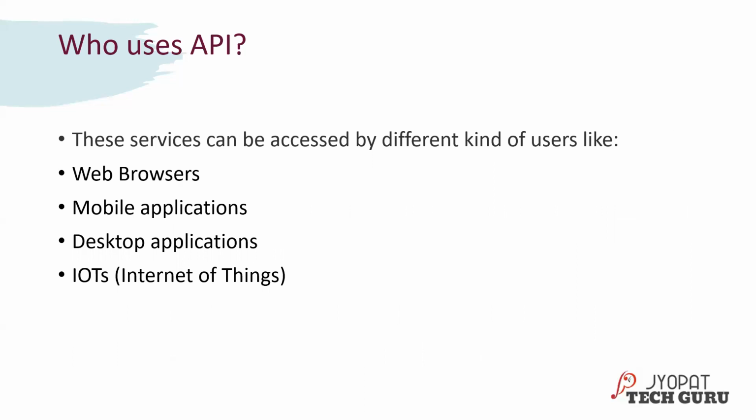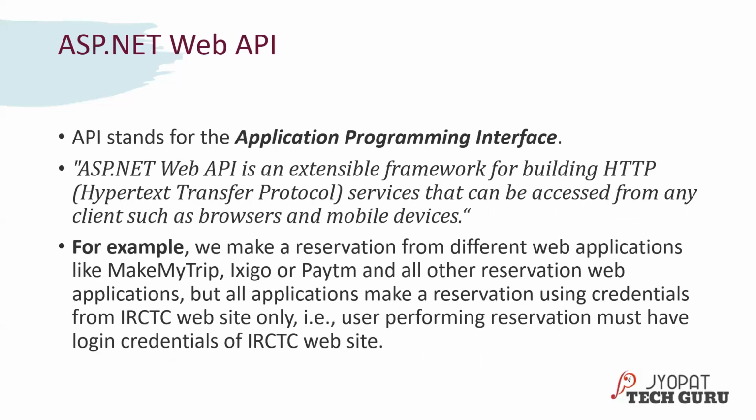So who is going to use this API? These services can be accessed by different kinds of users like web browsers, mobile applications, desktop applications, and IoT, Internet of Things, right? You might have seen so many APIs. If you're talking about purely the ASP.NET Web API, API stands for Application Programming Interface.